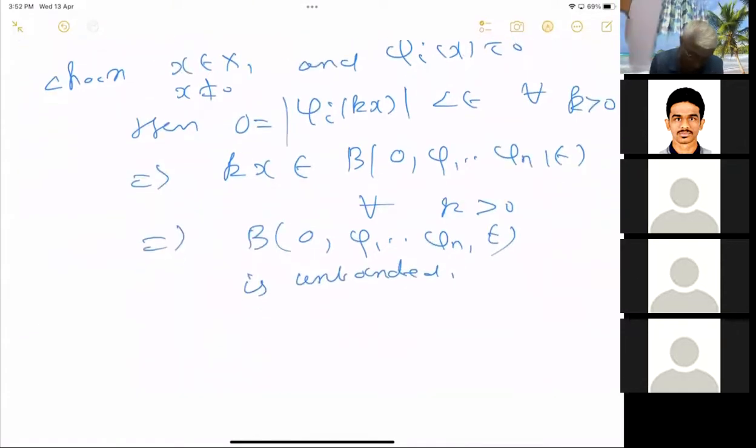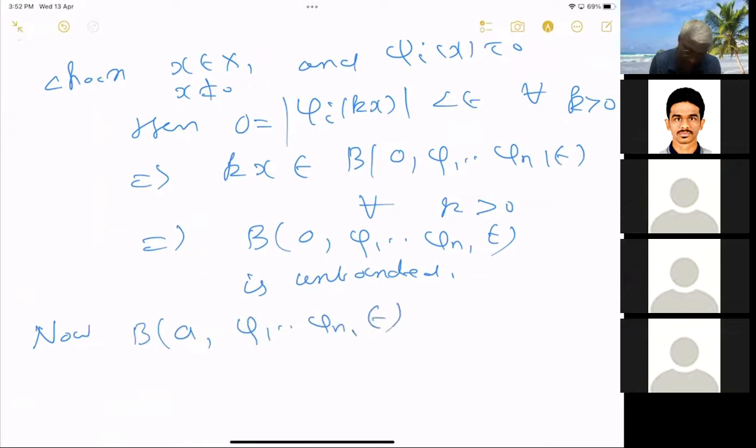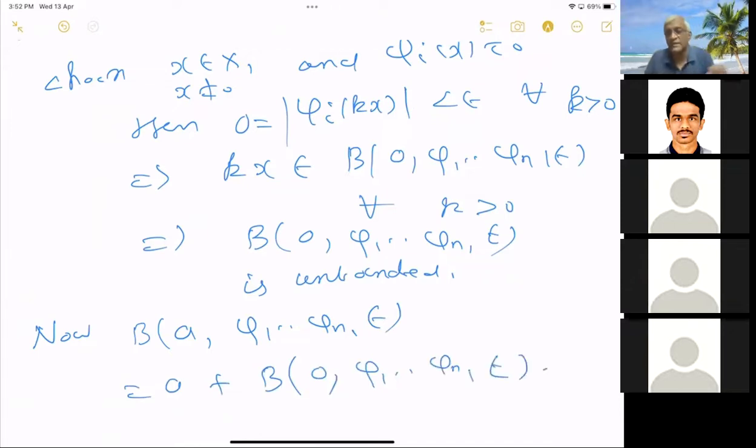Now if you want to talk about any B(a; phi_1 up to phi_n; epsilon), that is just a plus B(0; phi_1 up to phi_n; epsilon). This is what is called a locally convex topology. Every neighborhood is a translate of a neighborhood around zero.